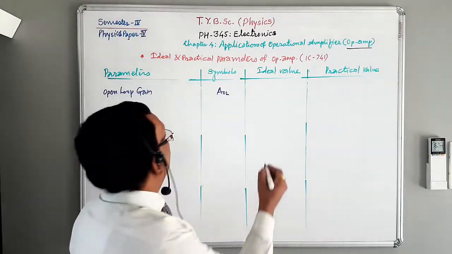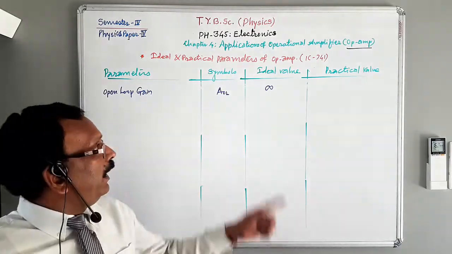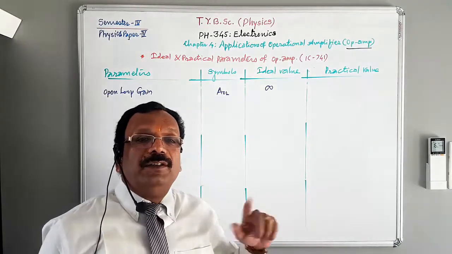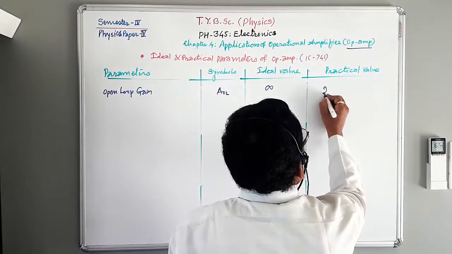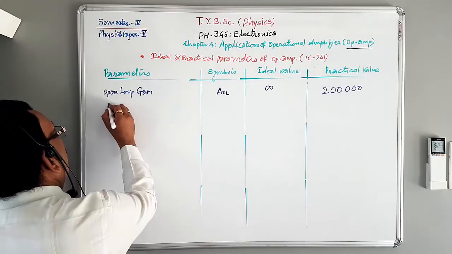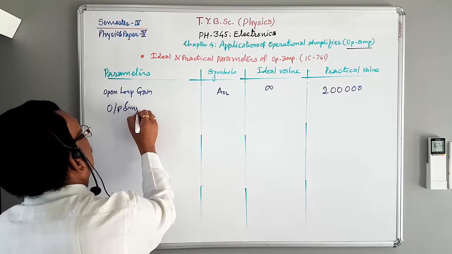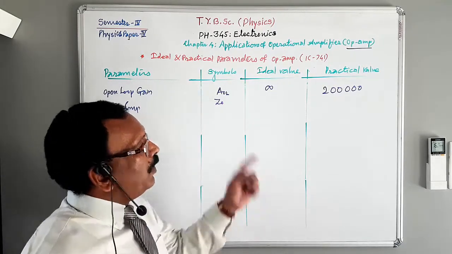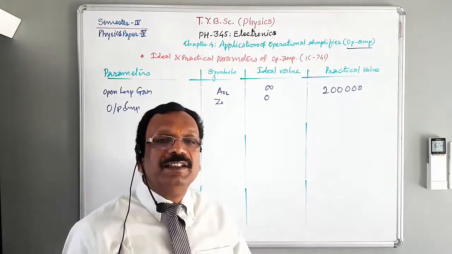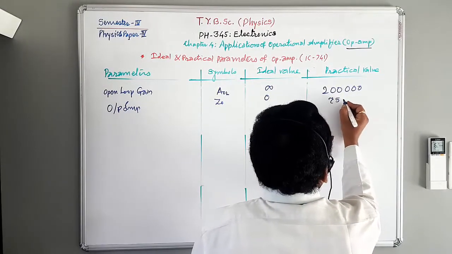For an ideal OpAmp, this open loop gain is infinity, whereas for practical OpAmp this is not infinite, but nearly equal to 2 lakh. Then output impedance, that is ZO. For ideal OpAmp this is 0, but practically it is not 0, it is very low, that is 75 ohm.